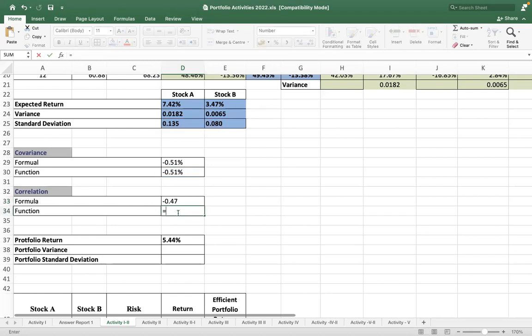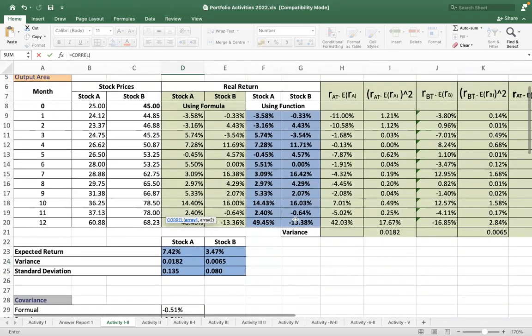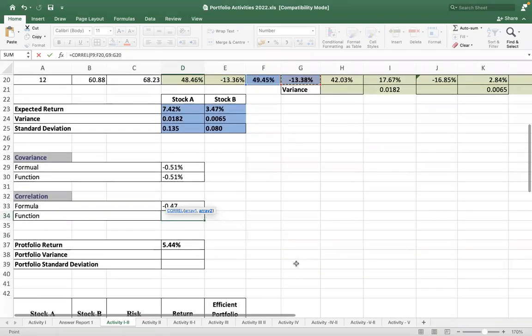Then if you use the function in Excel, CORREL, we can use the correlation function, right? We use the stock returns of stock A, comma, stock returns of stock B. Then close the bracket, press enter.